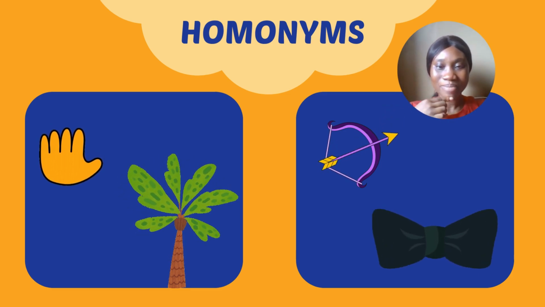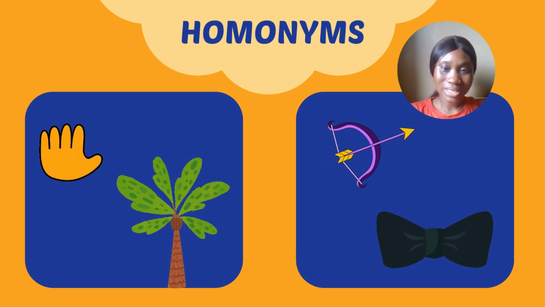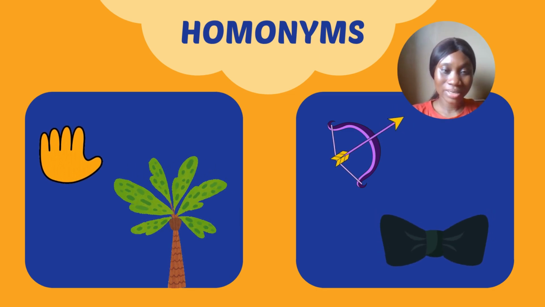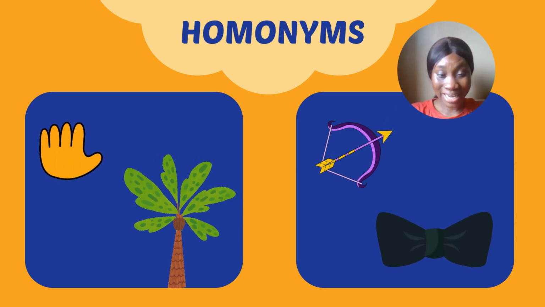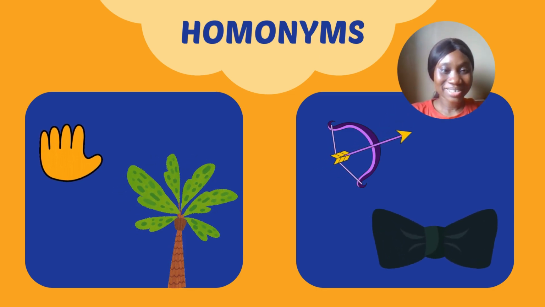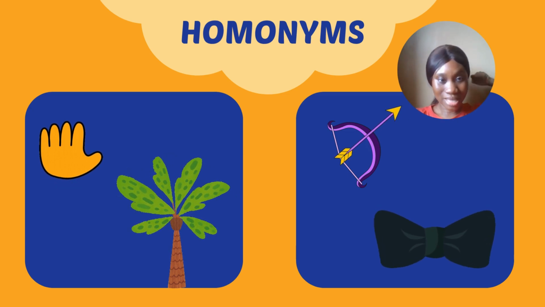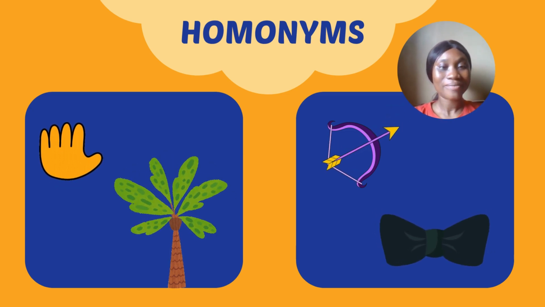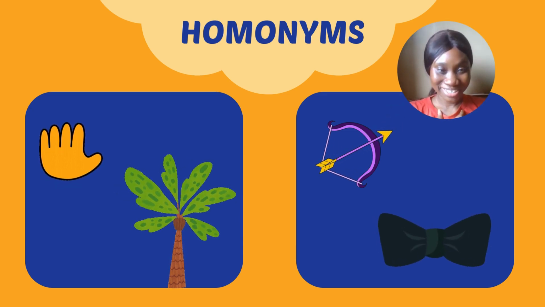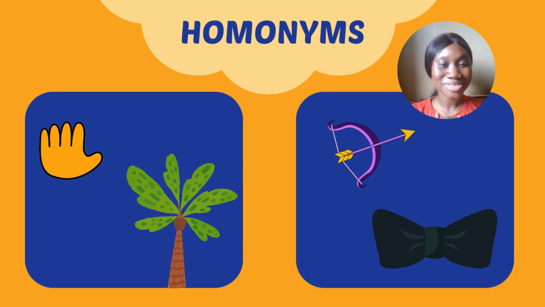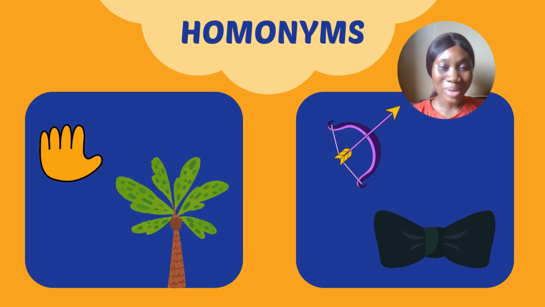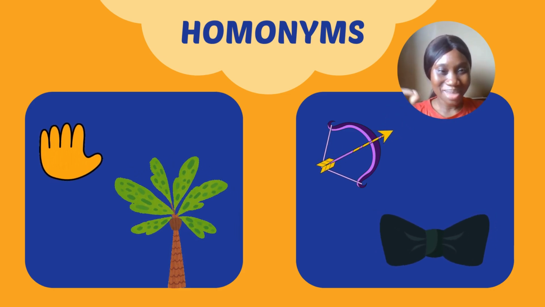Can you give me the name that binds the two of them together? They look different. What is the same spelling they have? Now, the next one: I have this that goes with an arrow, and I have that which goes with your shirt. I don't want to say the name. I want you to give me the name. What do you think the common name for these two pictures is? Let me hear you in the comment section.